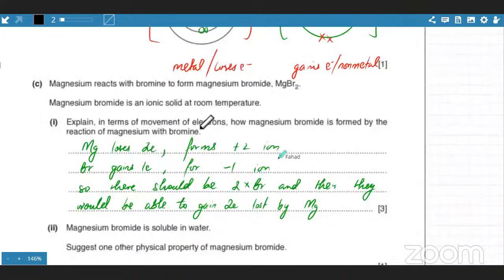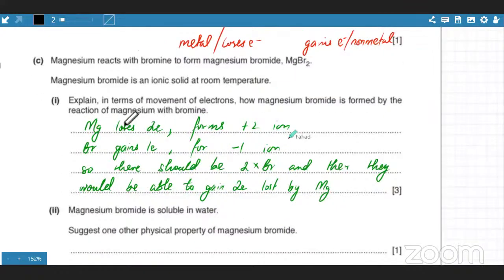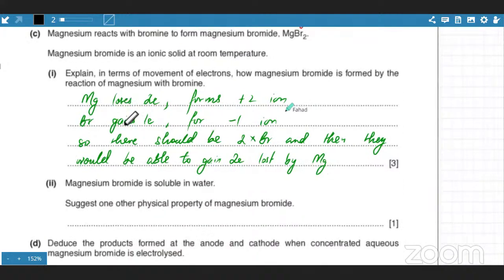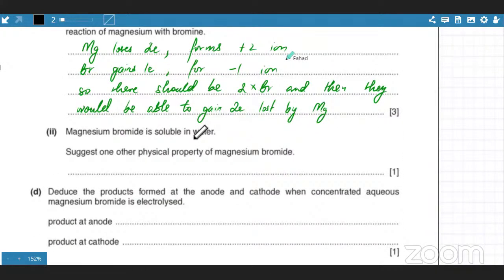Remember, it's preferable to write your answers in points. It's much better than writing in essay form. Next part: magnesium bromide is soluble in water. That's just one of the physical properties of magnesium bromide. Now all ionic compounds also have high melting and boiling points. Why?